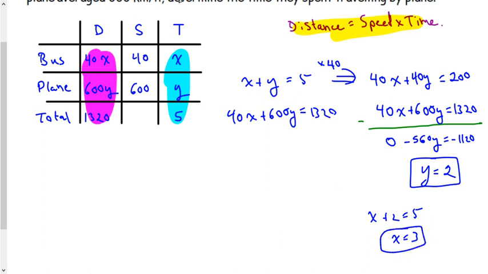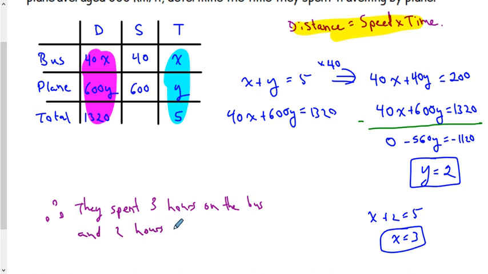Let's do a little therefore statement. We'll say therefore they spent, y is our plane, so 3 hours on the bus and 2 hours on the plane.